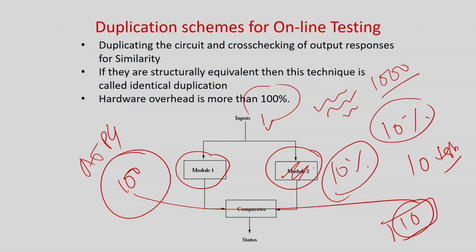But in online testing, the inputs come, and if something is a good vector, then only in this module is testing possible, because in this module you keep a very small subset of the test vectors on which the comparison can be done. These 10 vectors are very good, no doubt, with very high fault coverage, but in the normal scenario, these 10 test vectors never come.